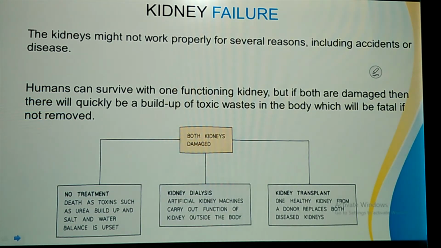Whoever has kidney failure would take a working kidney from another person. So one healthy kidney from a donor replaces both diseased kidneys. We take the kidney from one person and plant it in another person. That's why it's called kidney transplant.